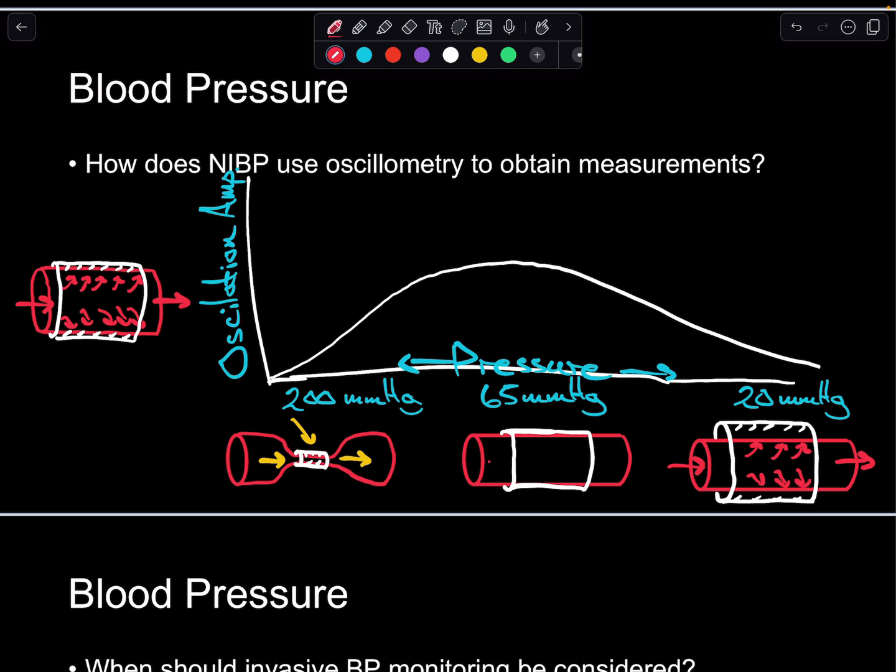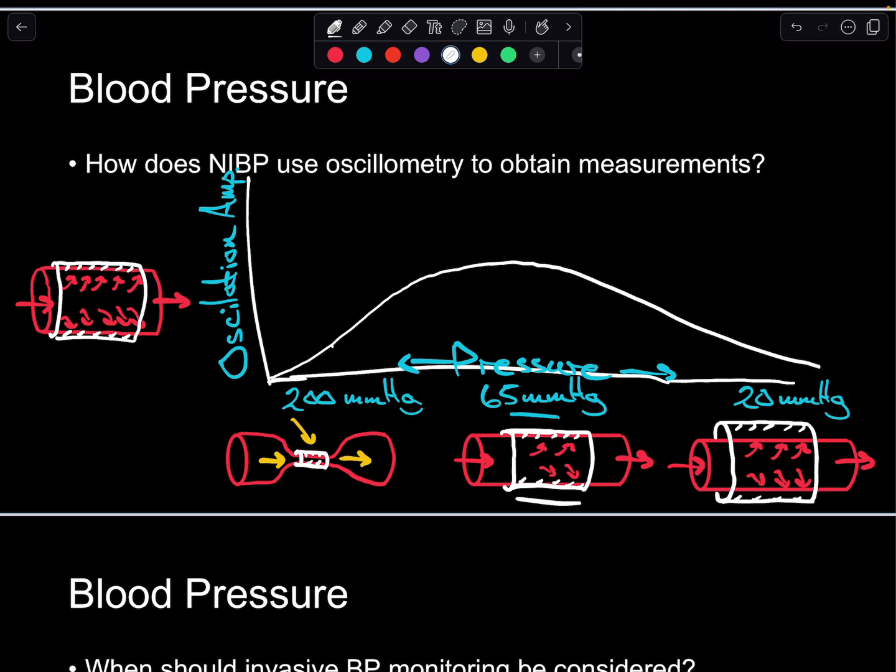And it just so happens that blood is flowing through the artery right here. I've given it a mean arterial pressure of 65, and the sensors of the blood pressure cuff are in just the perfect amount of contact with the wall of the artery. And there's the pulse that's exerting the pressure and it's creating oscillations that these sensors are then picking up. Where the oscillations are detected at a maximum amount right here, that's going to be the mean arterial pressure.